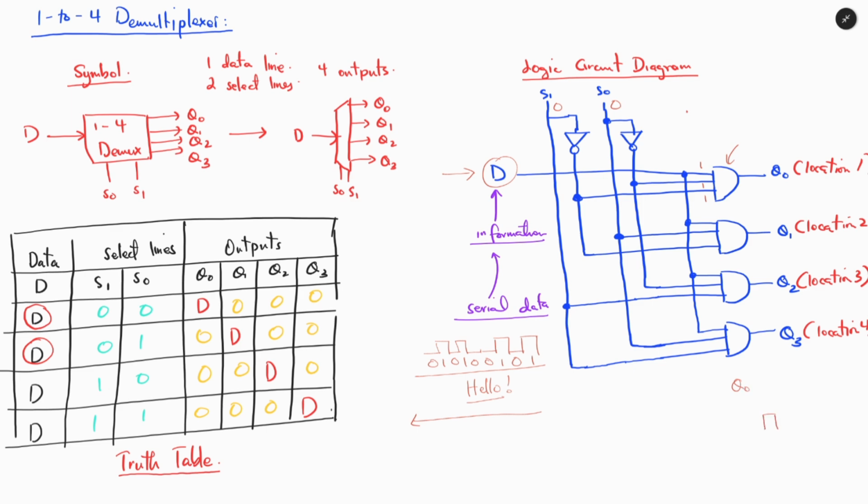And the second bit that will pass through this AND gate will be 0, and with 1, 1 and 0, it will register a low. And then the next will be 1. So when this one is 1, we have 1, 1 and 1, and the output will be 1 again.